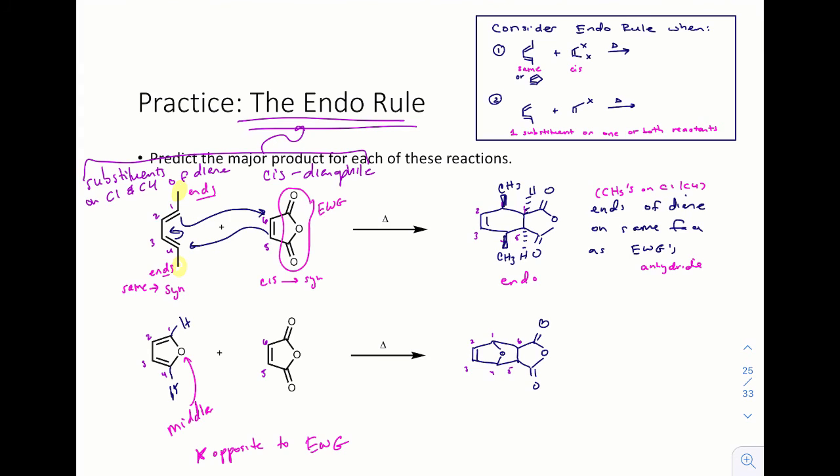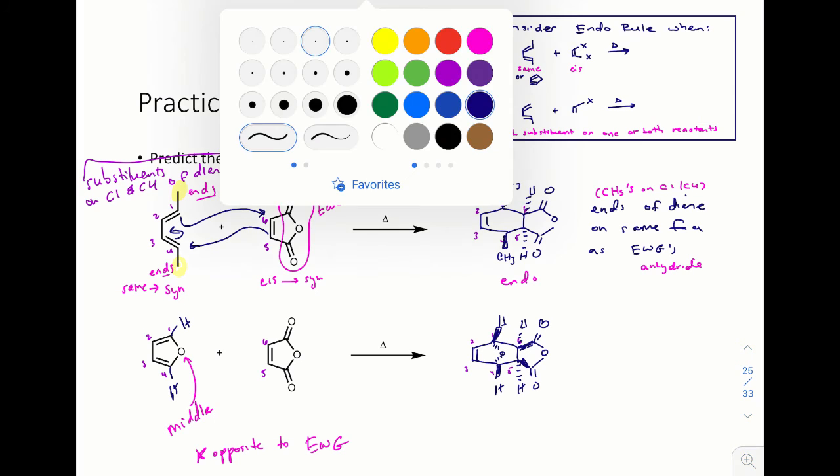And what's on the end for this furan is actually hydrogen. So if hydrogen is up, then so are these ester groups. We will indicate that by putting hydrogen down. So the anhydride is up, and that makes the oxygen bridge down. Okay, so that is the endo product.